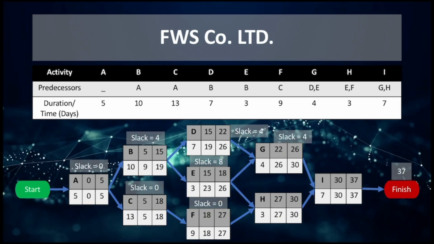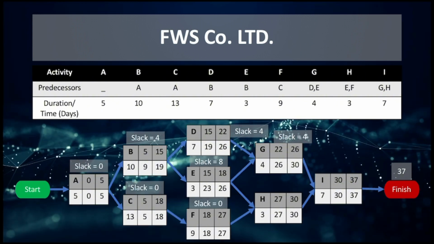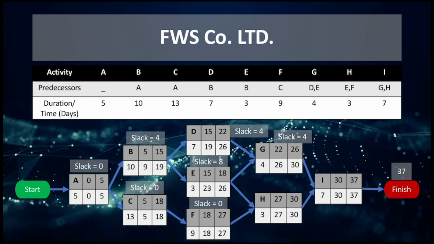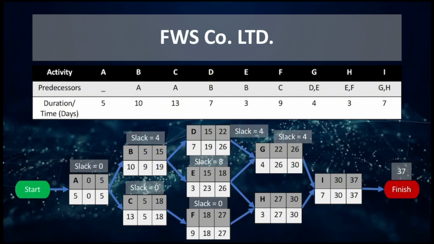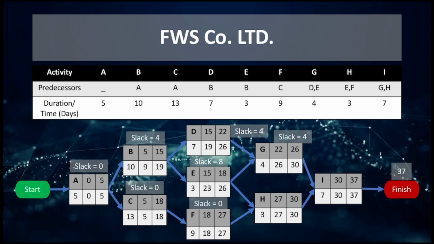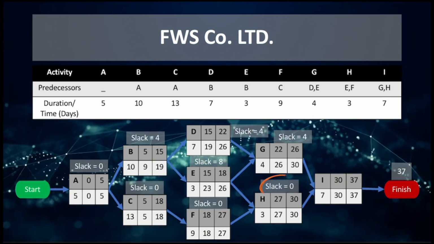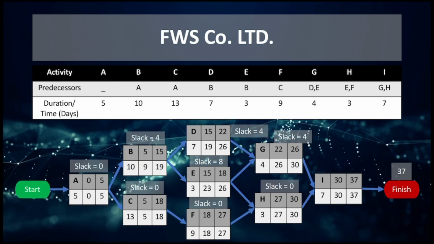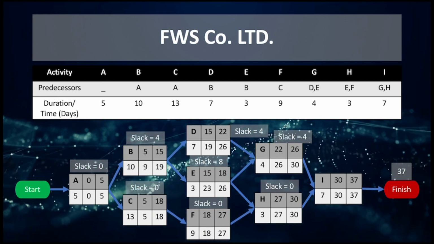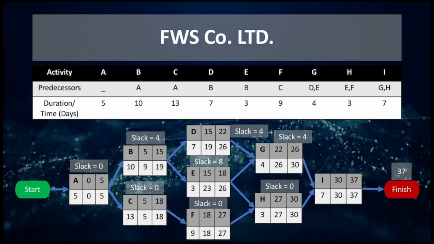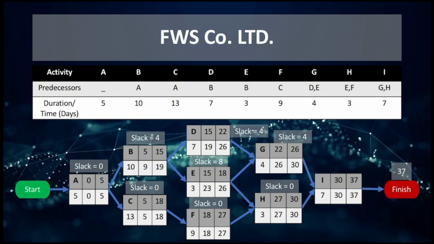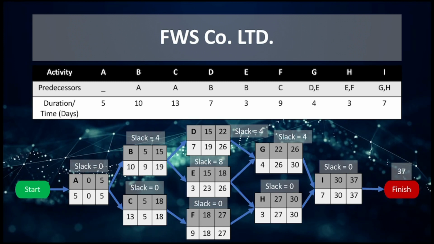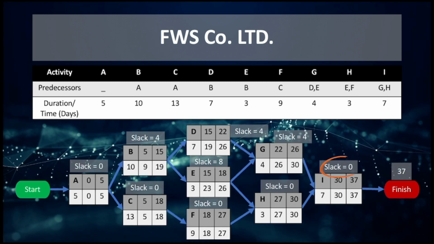For H, it is 27 subtracted by 27, or 30 subtracted by 30, which is equal to 0. So the slack for H would be 0. And the slack for I is 30 subtracted by 30, or 37 subtracted by 37, which is equal to 0.